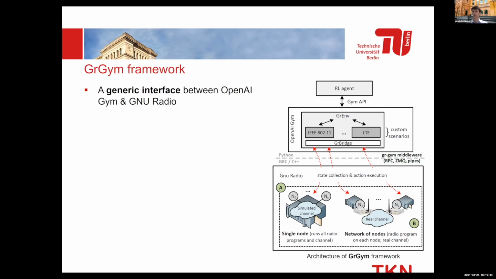So at the end, what we want is the possibility that any radio program you develop could become available as an environment in OpenAI Gym, so that you can then implement standard reinforcement learning agents, and then train them against such an environment.